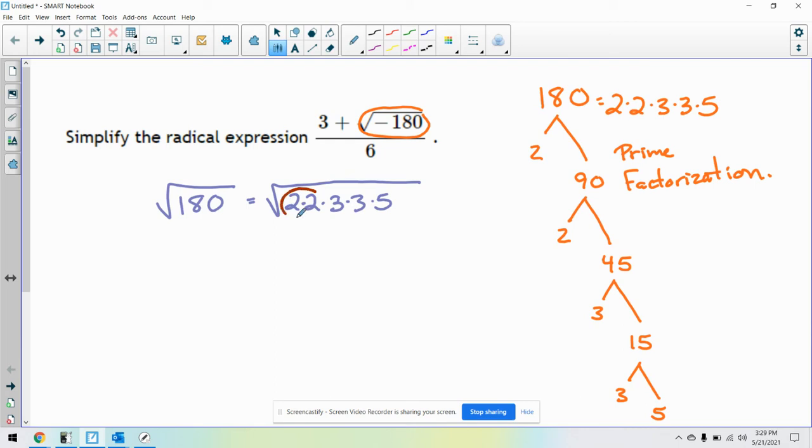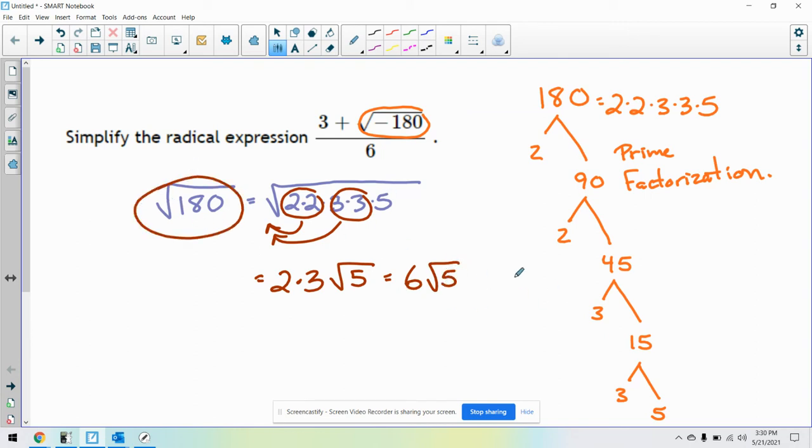I have two 2's, they're going to go out. I have two 3's, they're going to go out. So this can be written as 2 times 3 times the square root of whatever's left, which is 5, which is the same thing as 6 root 5. So the square root of 180 is the same thing as 6 root 5.